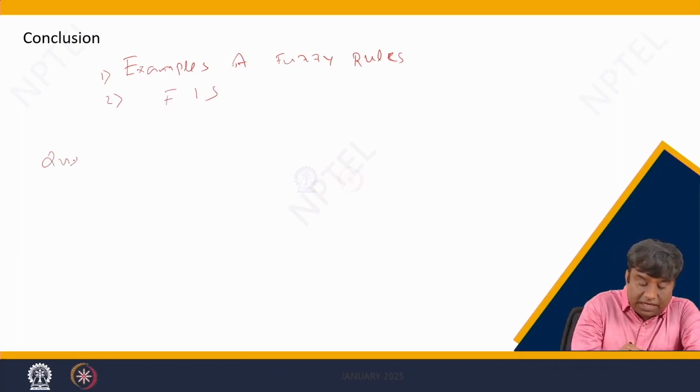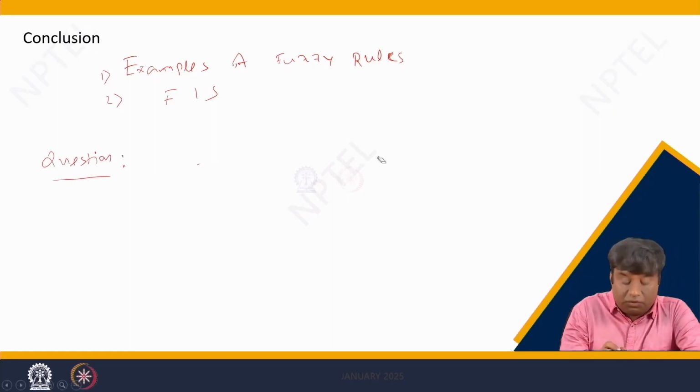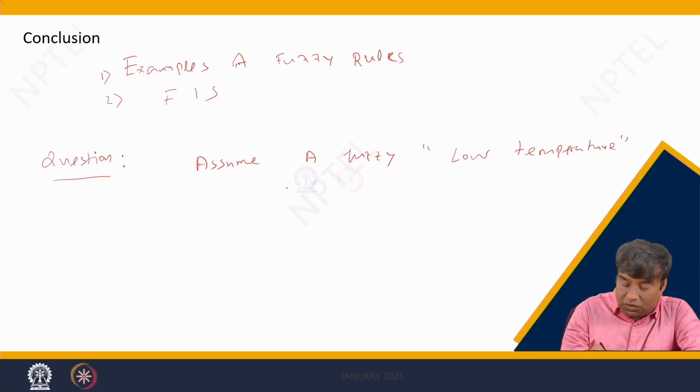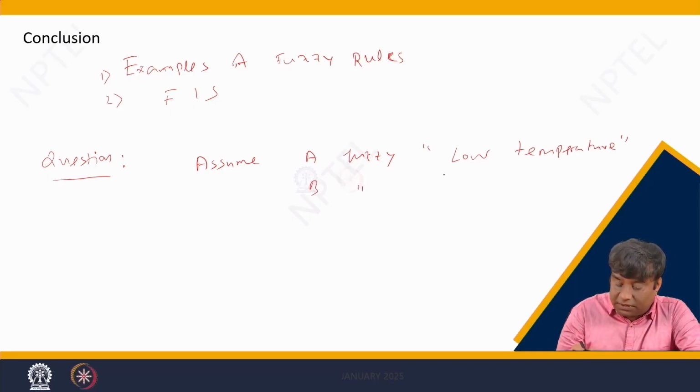Today's question is: assume a fuzzy set A represents low temperature, and fuzzy set B represents low pressure.